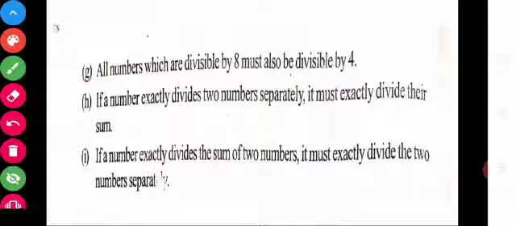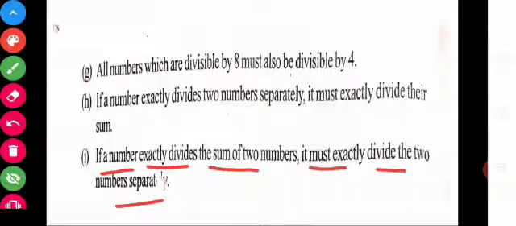Read the next one. If a number exactly divides the sum of two numbers, it must exactly divide the two numbers separately. The statement is false.